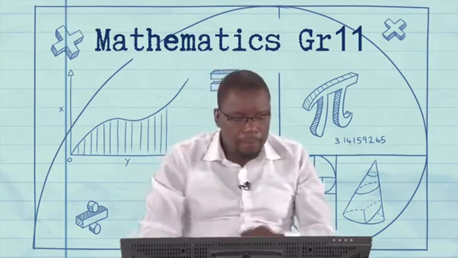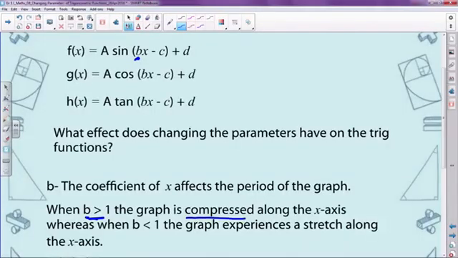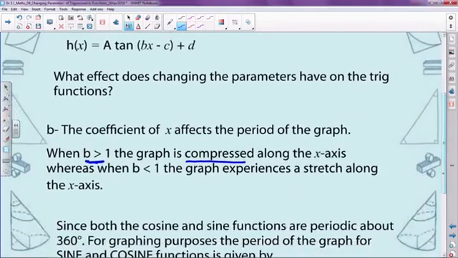Now if your b is greater than 1, the graph is compressed along the x-axis, whereas if b is less than 1, the graph experiences a stretch along the x-axis.